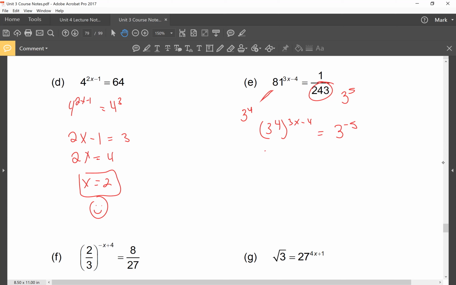Okay, so 12x minus 16 equals negative 5. 12x is negative 5 plus 16, which would be positive 11. So x equals 11 over 12. Done.